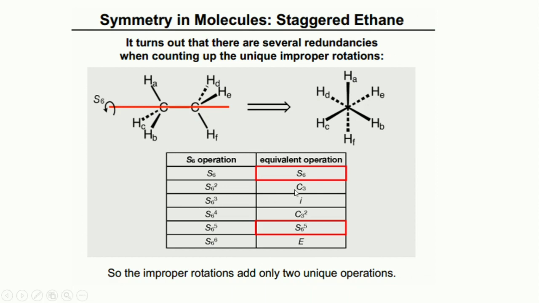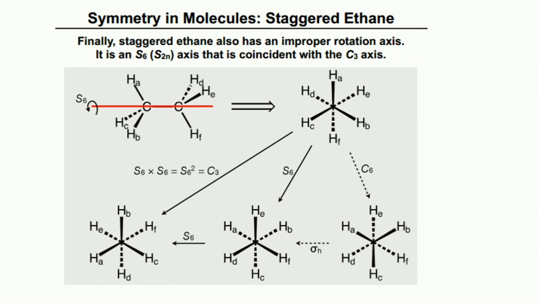So for C3 we need to write the major symmetry element instead of this operation. S6 twice is the operation of improper rotation. S6 thrice is equal to the inversion center, so we do not need to write the S6 thrice. S6 to the power 4 is actually the C3 twice that we have already seen.